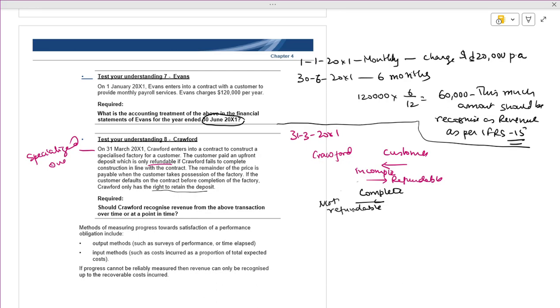Now, what it says: should Crawford recognize revenue? First and foremost, there is no alternative use. They say that it is a specialized factory. No alternative use.